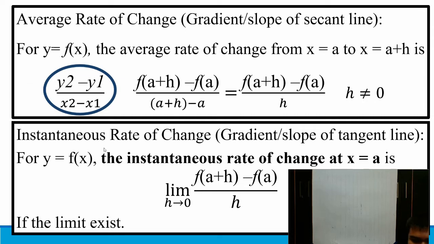However, for the instantaneous rate of change, there is only one point, x equal to a, and it doesn't have a plus h. That's why h should not exist, so we put the limit h approaching 0.